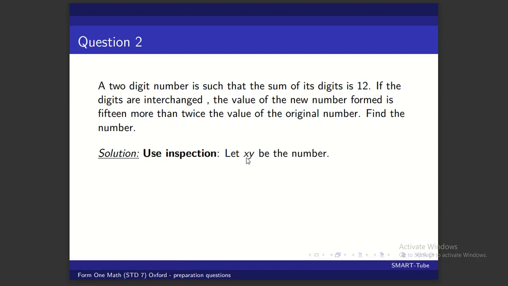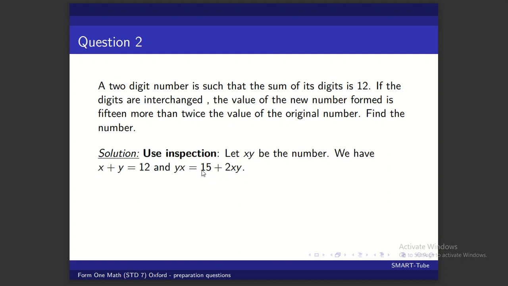Let's assume xy is the 2-digit number. From the given condition, the sum of these digits is 12. If you interchange the positions of x and y, the new number is yx, which is 15 more than twice the first number.